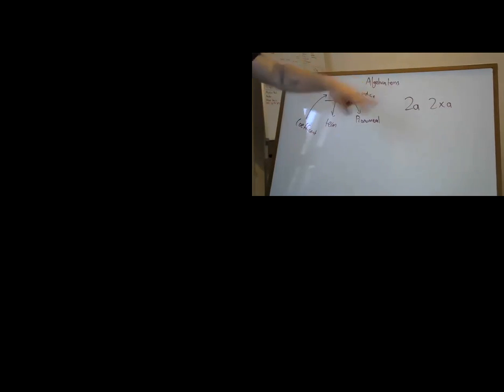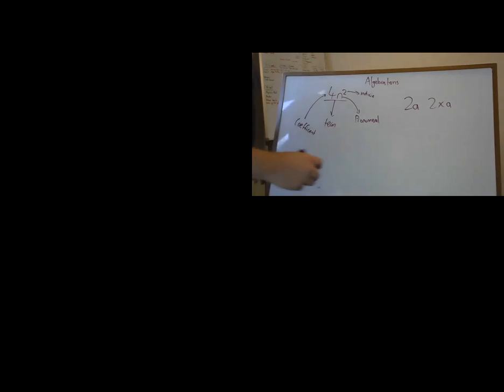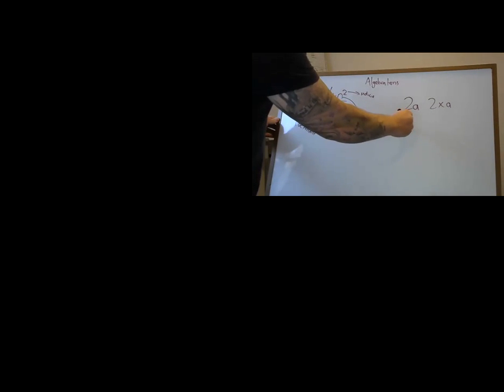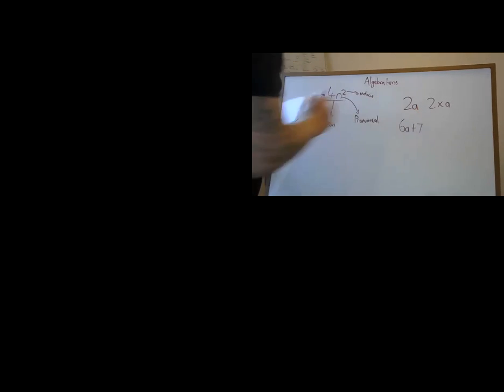But we don't use the multiplication symbol, we just put the letter next to it. We always put the number in front of the letter. And in an equation, numbers with no letters are written last. So 6a plus 7, not 7 plus 6a.